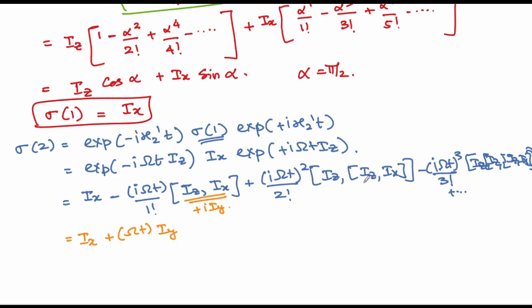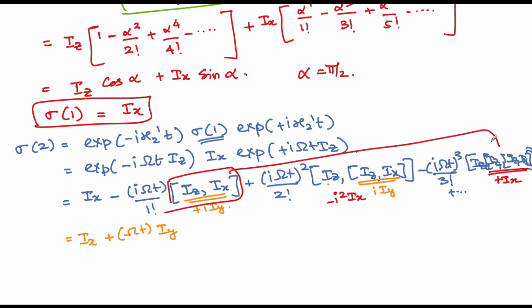So what have we said here? This is going to be i Iy. Iz comma Iy is going to be minus i Ix, minus i squared Ix will be the commutator here. So this will be minus i squared will be minus 1, so it will be plus Ix. So once again you are able to see this commutator ends up coming back here.